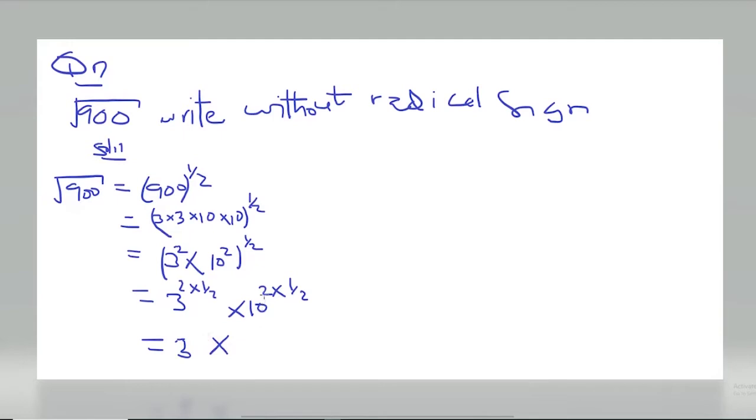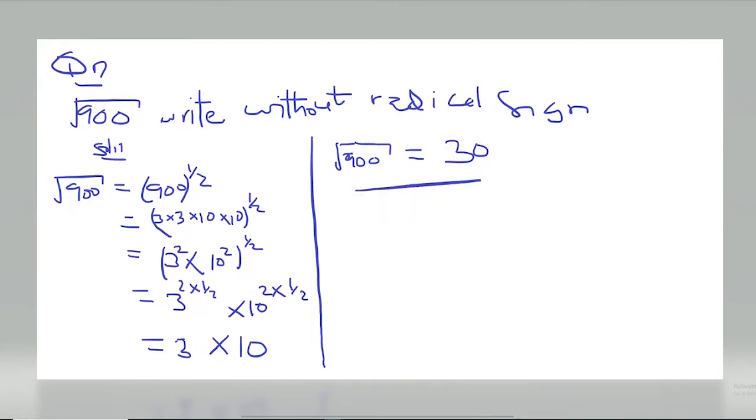Then 10 squared, 2 times a half is 1, so 10 power 1, which is 10. So the square root of 900 gives us 3 times 10, which is 30. So this is the answer.